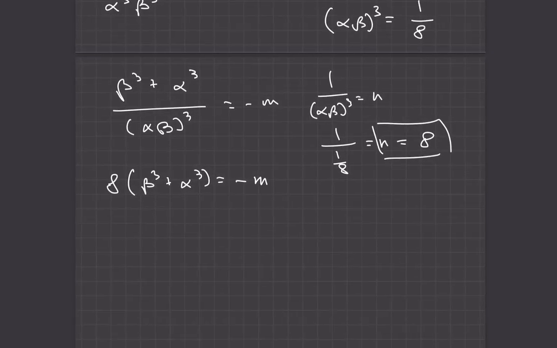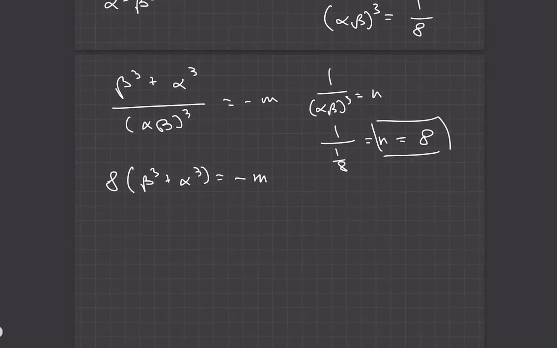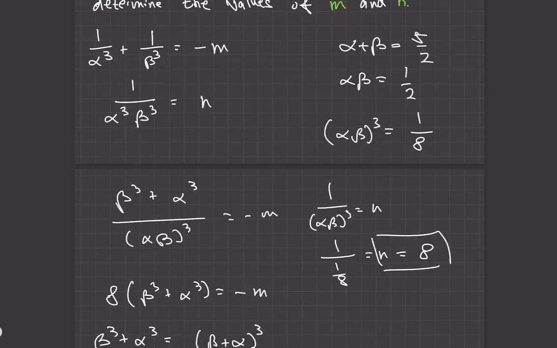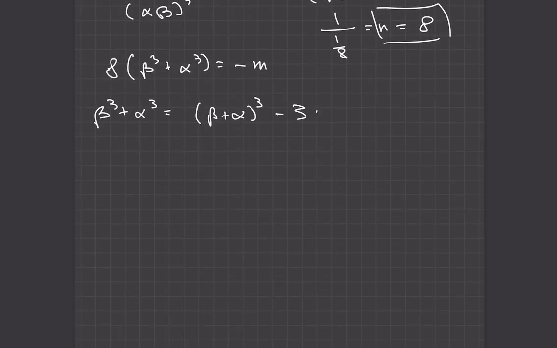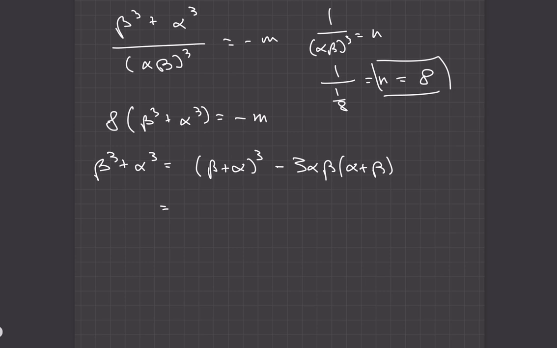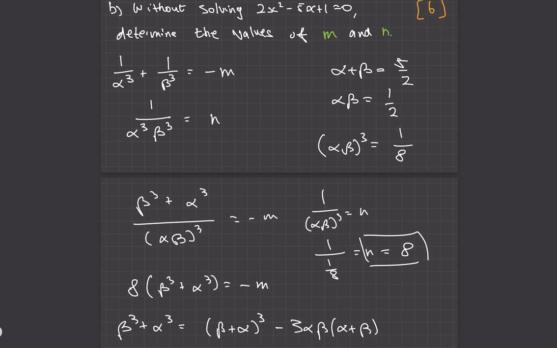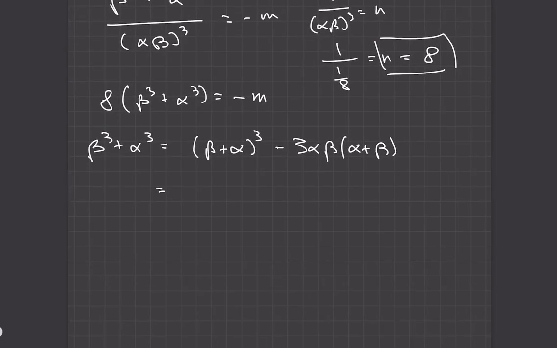We write down that beta cubed plus alpha cubed is equal to (beta plus alpha) cubed, minus 3 alpha beta, times (alpha plus beta). And we just plug in some of the values, right? So beta plus alpha, we know that that is 5 over 2. So that's going to be 5 over 2 cubed, minus 3 alpha beta.